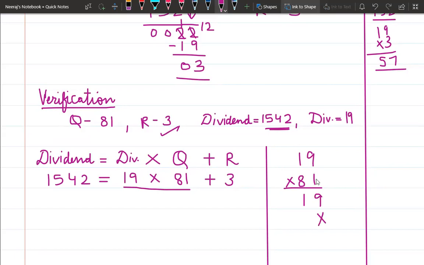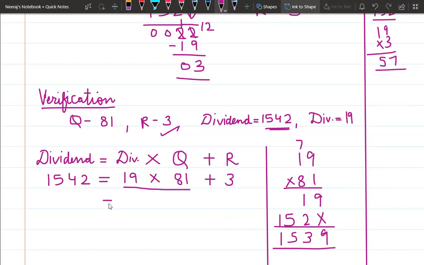Now we will multiply by 8. 8 9s are 72. We'll write 7 at the top. And 8 1s are 8 plus 7 is 15. Now let's add up the numbers. So this will be 9, this will be 3, this will be 5, and this will be 1.